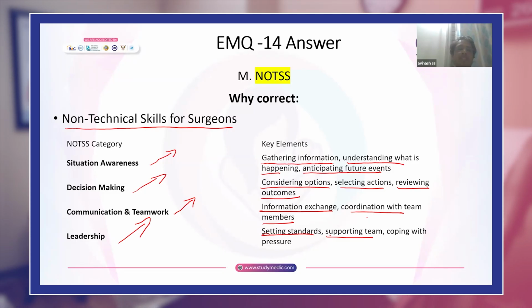So there are several checklists available to check these non-technical skills for surgeons, and it is also one of the workplace-based assessments. While, for example, a surgery is being done, the observer can observe for all this.